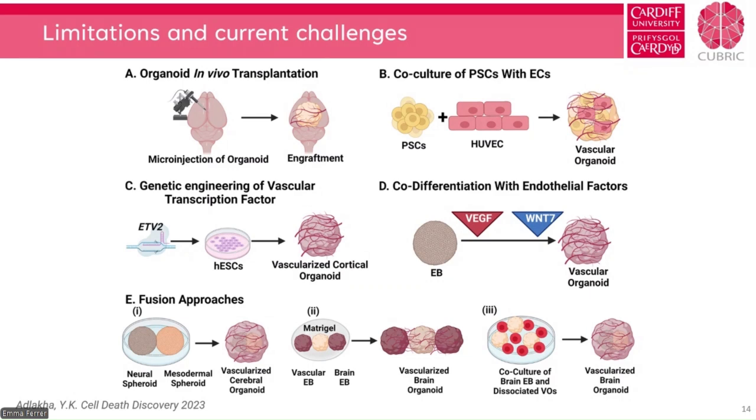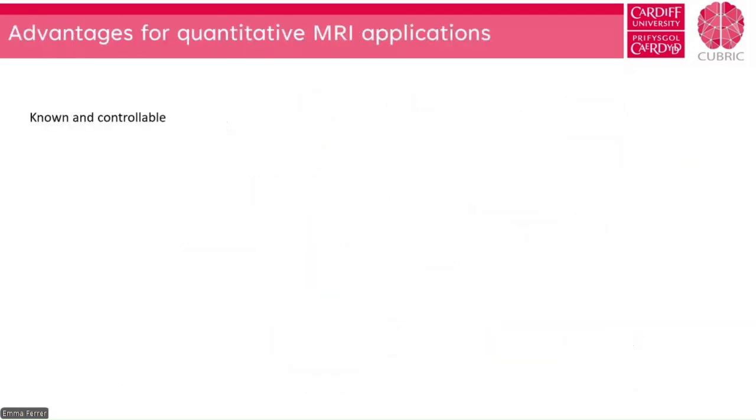And so there are many studies showing, and this is a nice literature review, where they show that the implantation of organoids in external bodies doesn't impact the behavior of the cells within the organoid. So when it comes to MRI, why are these interesting?